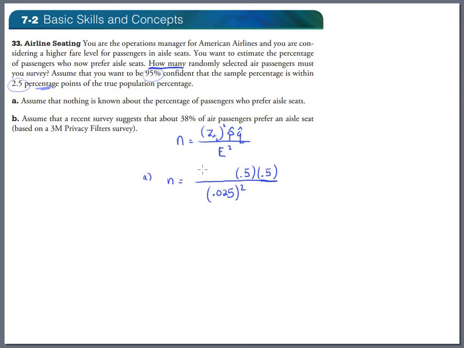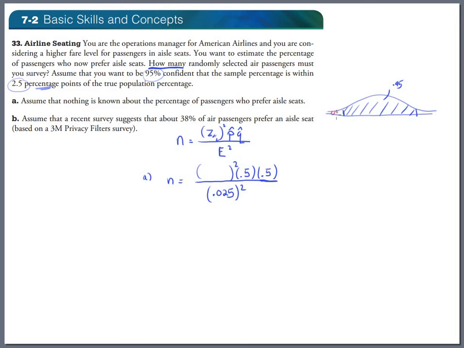And the last thing that we need in this formula is the z sub alpha over 2 squared. So just as a reminder, I'll draw the picture and say, since it's 95% confidence, we want to cover 95% of the curve, which means we're leaving 5% out.